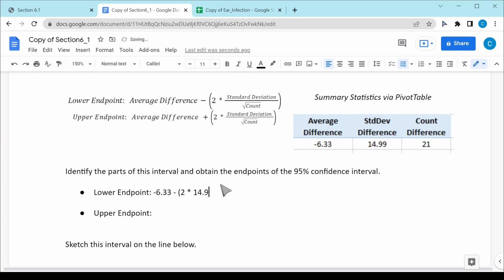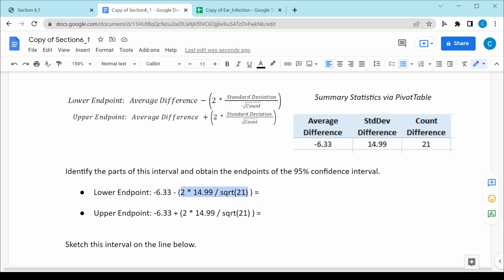So this is going to be 14.99 divided by the square root of 21. Whatever that number is, let's go ahead and figure that out. And then the upper end point is going to be, starting at 6.33, I'm going to add, I'm going to go up 2 times that same quantity.